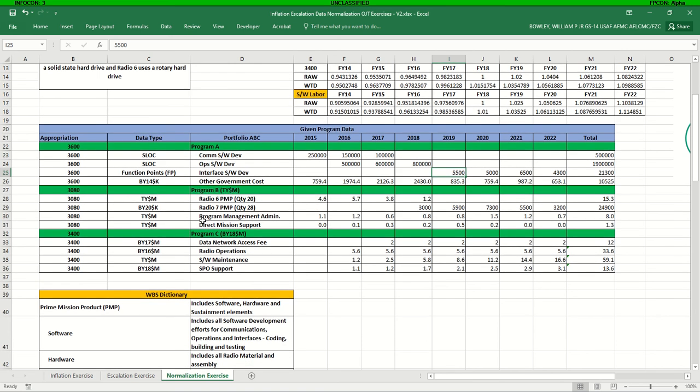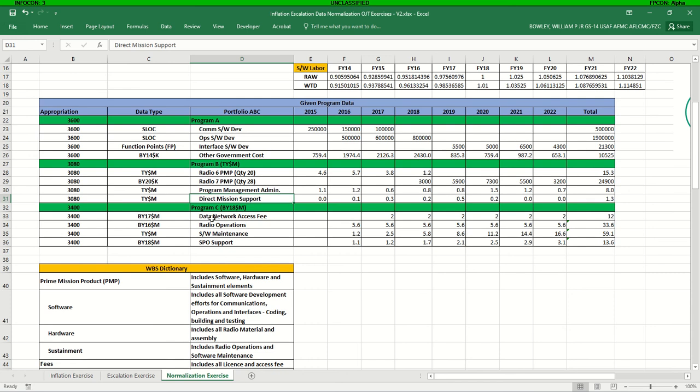Program B, we've got radios, 2 different kinds of radios, given 2 different kinds of dollars, and then a couple of support elements as well. Program C, we've got various sustainment activities, and again, take note of the type of dollars we're talking about, and also note that we've got different appropriations over here as well.